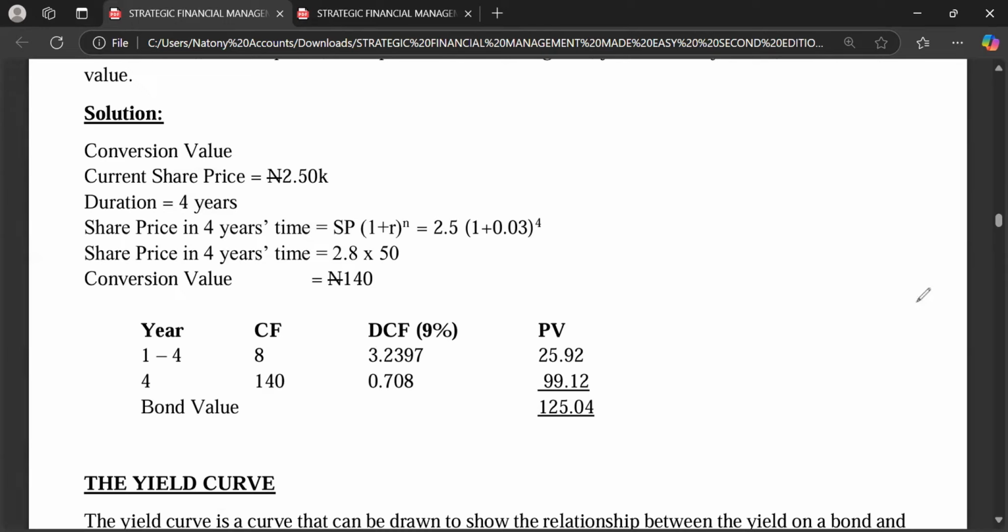So in this question, we have a conversion value of 140 if the bond is converted. So what will be the value if the bond is redeemed? So you compare these two values, the conversion value and the redemption value. Whichever is higher, that's what you are going to use here.